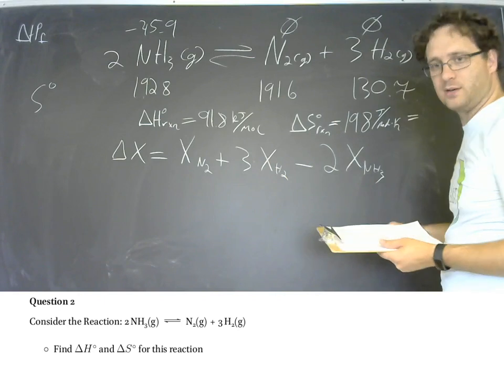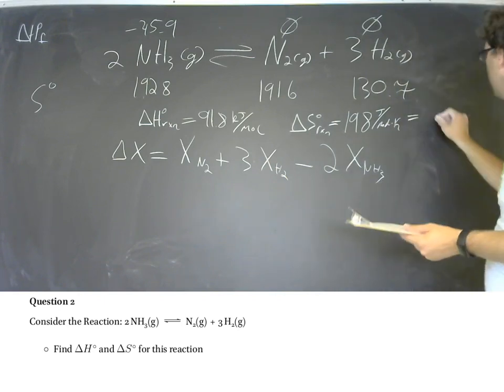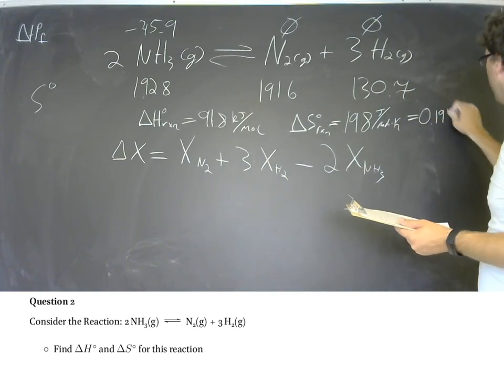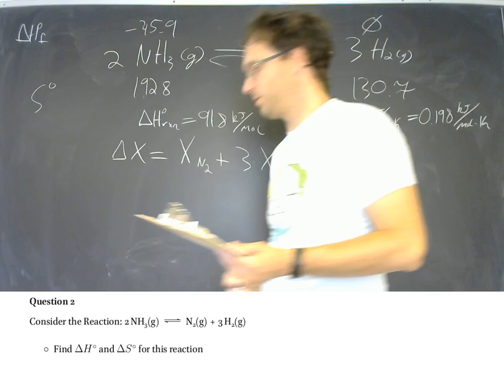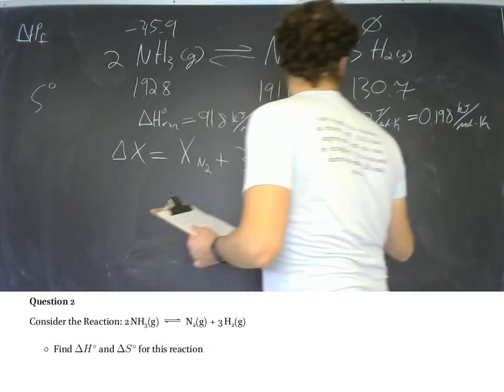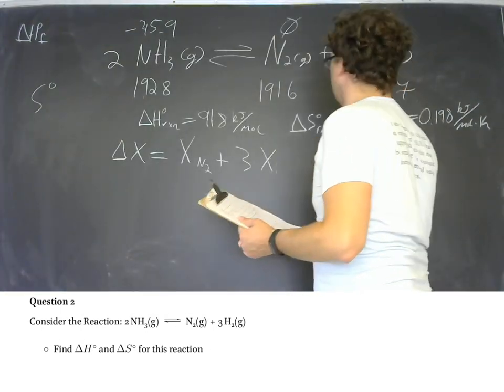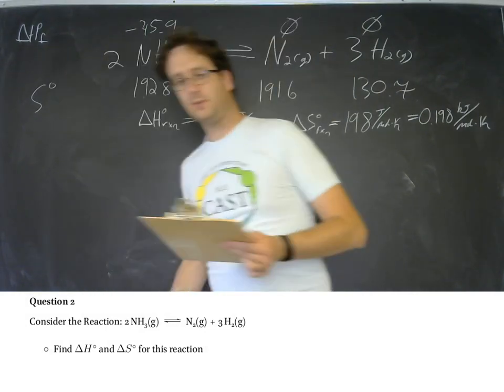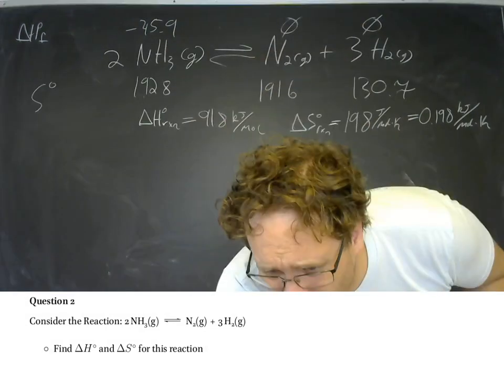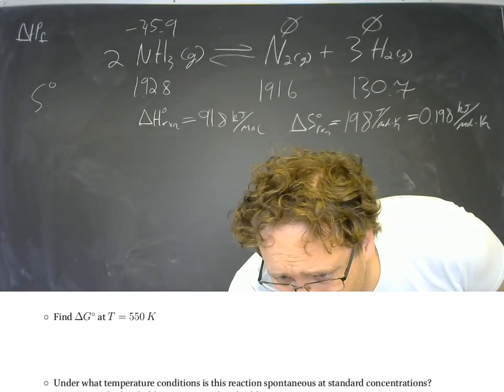And we can go ahead and divide that by 1,000, 0.198 kilojoules per mole Kelvin, just like so. Okay, so we've got our values for delta H naught and delta S naught.